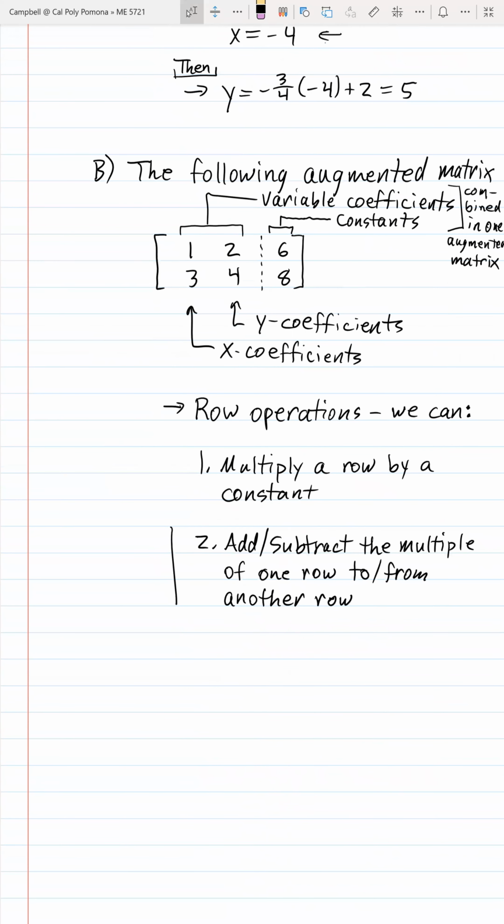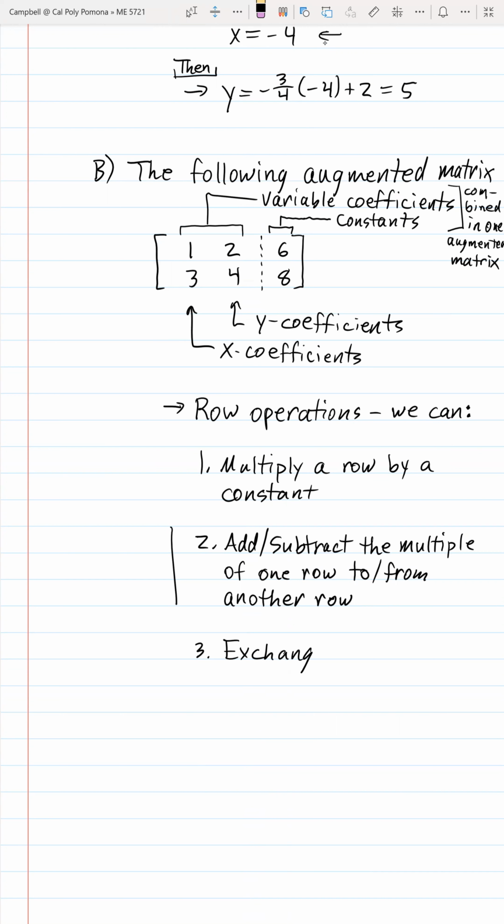Okay. And as you can imagine, it doesn't matter whether I write the first equation first and the second equation second, or the second equation first and the first equation second. Doesn't matter, the information is the same, so we can of course exchange.